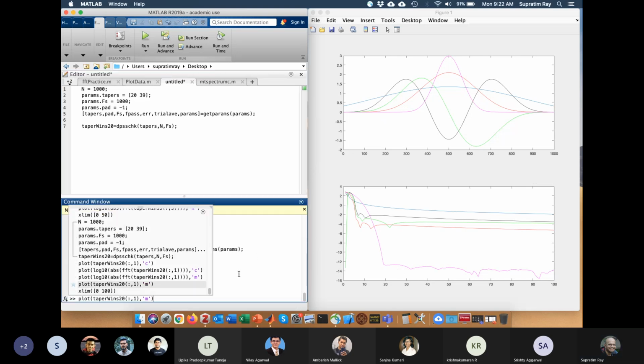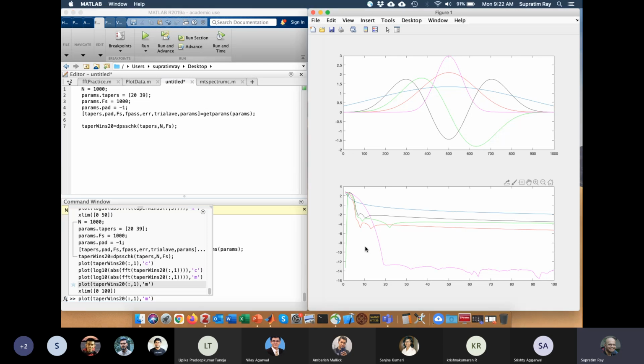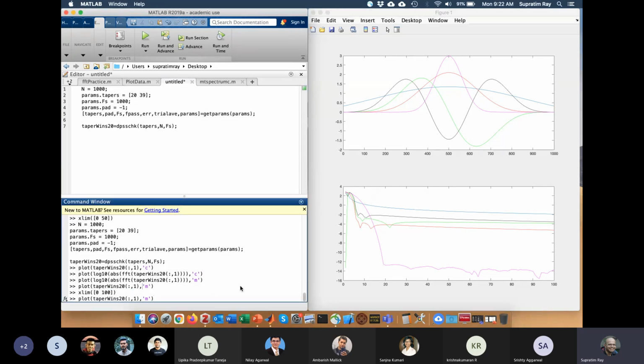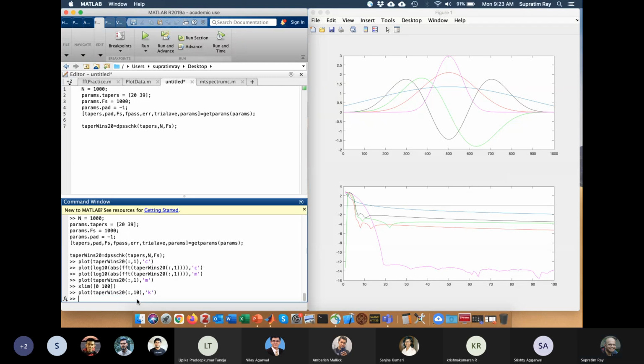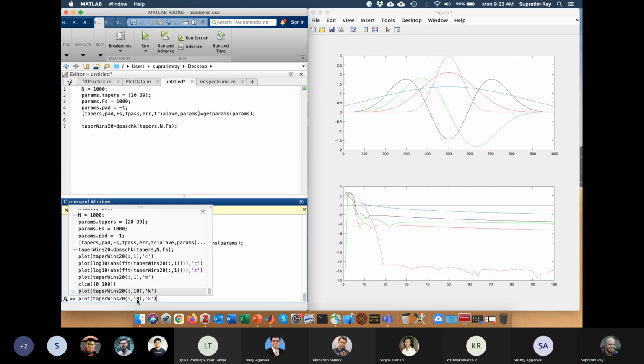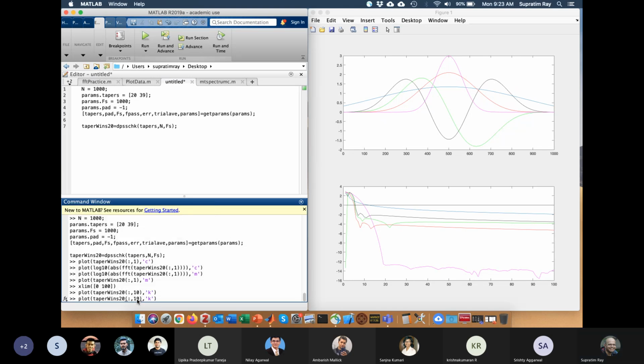Okay. Just for, yeah, I'll do another one. So tapers 20. Let me look at the 10th one. And again, I will just do K again. Oops, what happened here?